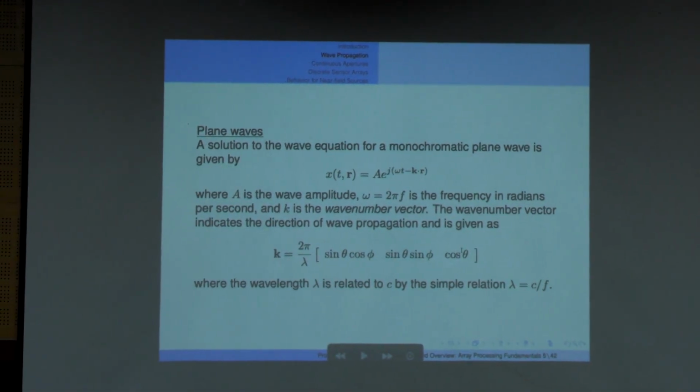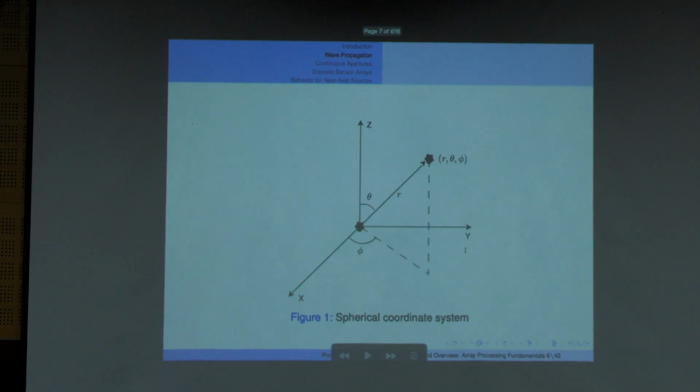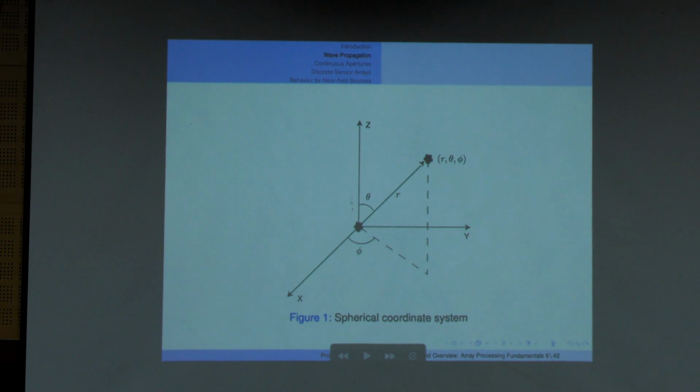Theta is the angle between the direction and the z-axis, and phi is the direction towards the x-axis on the xy plane. So this is the spherical coordinate system. And suppose that the source is at a distance r.